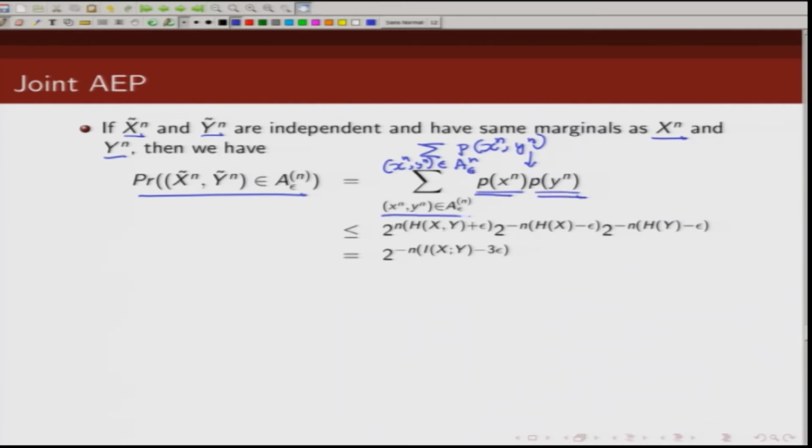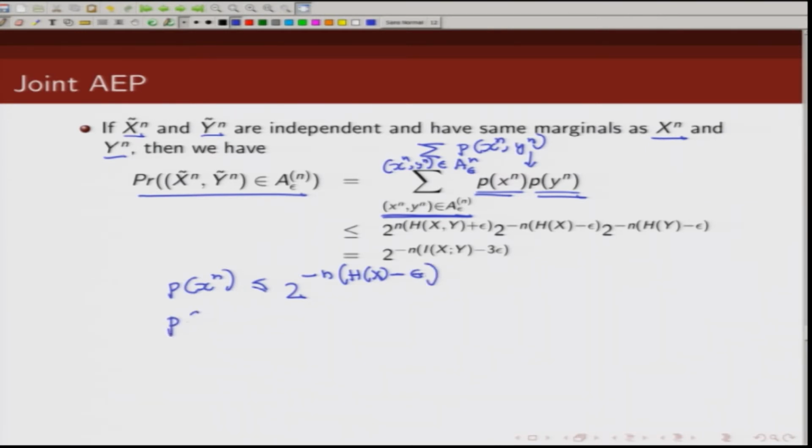And we are summing up over this jointly typical set. Now we know that p of x^n is upper bounded by 2 raised to the power minus n (h of x minus epsilon).